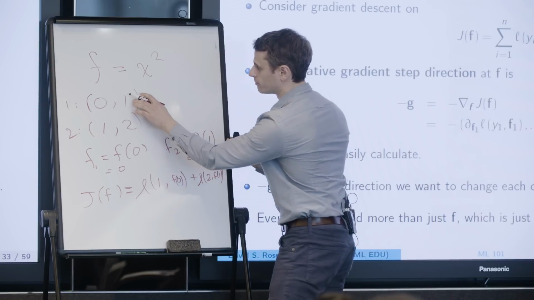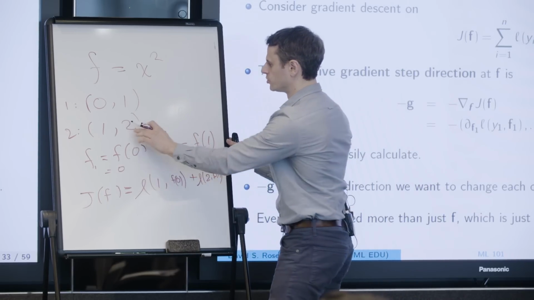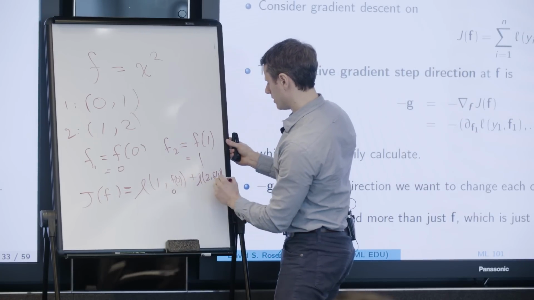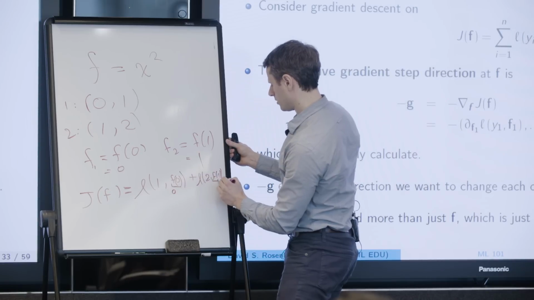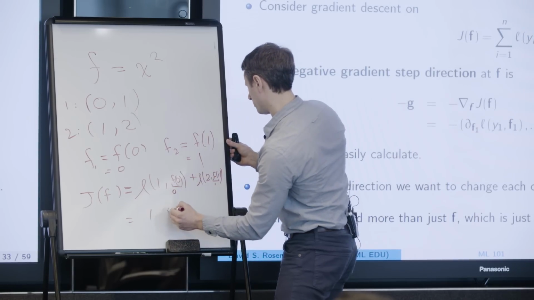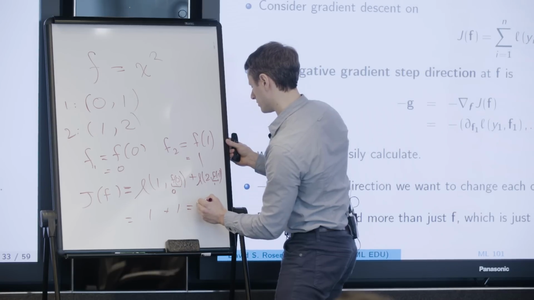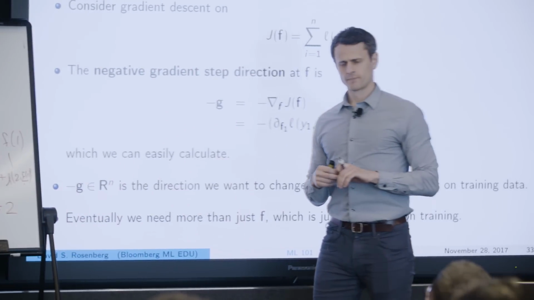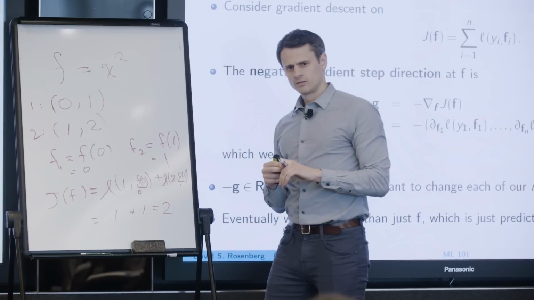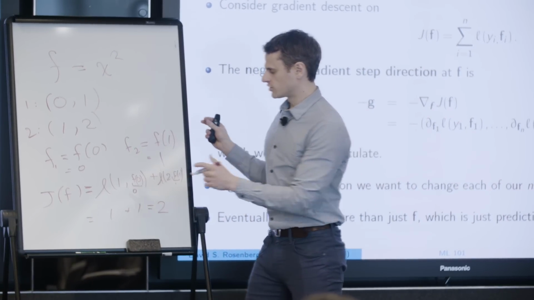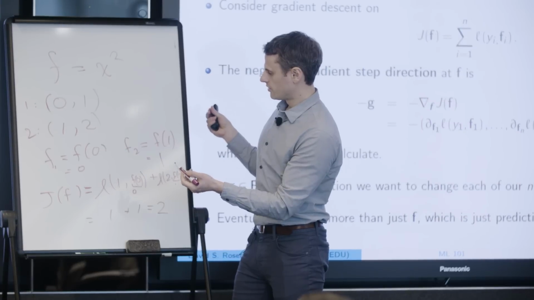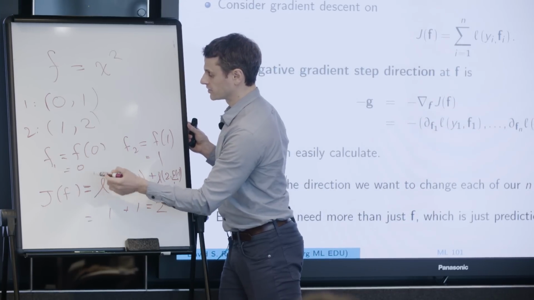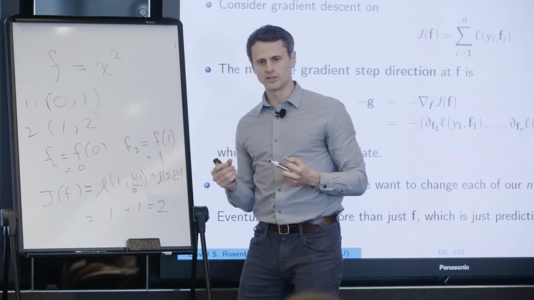Right? 1 is the value you're supposed to predict on example 0, and 2 is the thing we're supposed to predict on example 1. So f of 0 is 0, f of 1 is 1. We're doing square loss, so that's 1 plus 1, which is 2. All right, so that's J of f. Is that clear? So that's J of a particular function, but we could also think of this as a function on the vector f, which are the evaluations of f at the 2 points, x1 and x2.